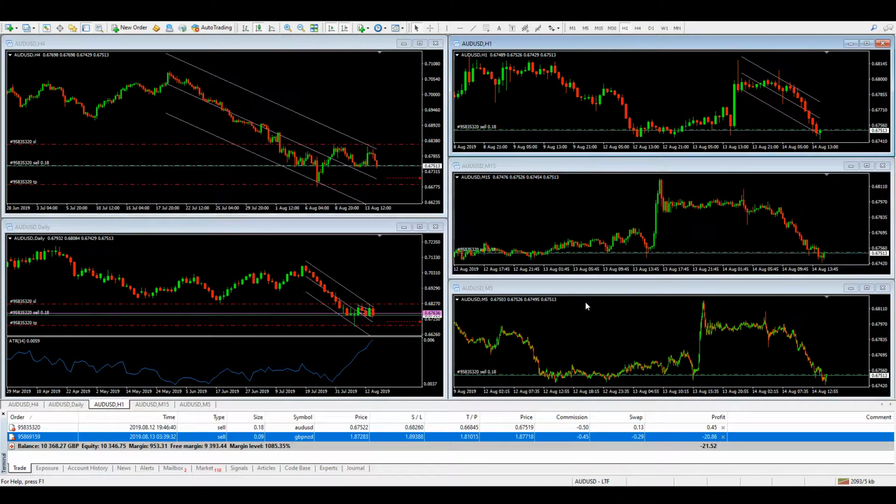Doing it that way means that the market's telling me when to get out of the trade, rather than me deciding when. So it just depends on how this lower time frame price action materializes as to how I will trade that. The other one we've got is the GBP NZD.